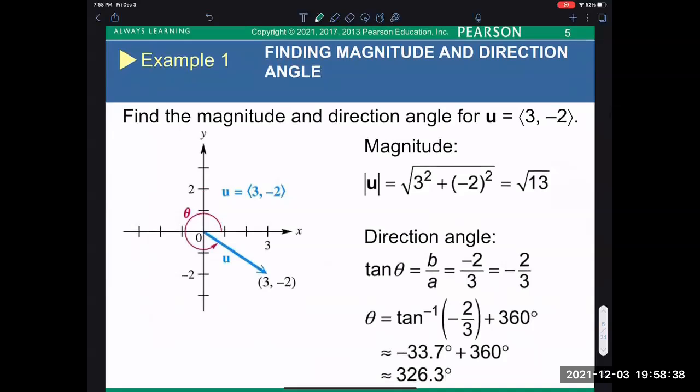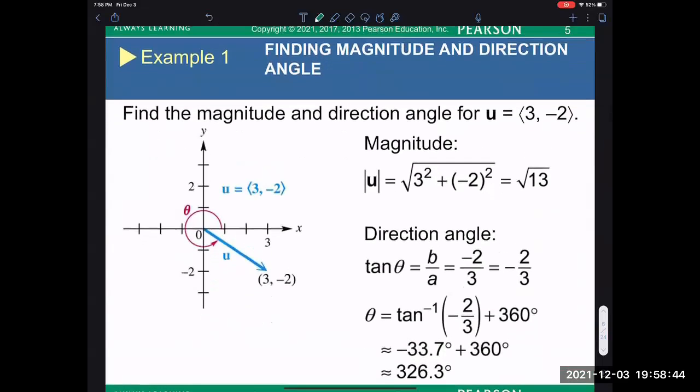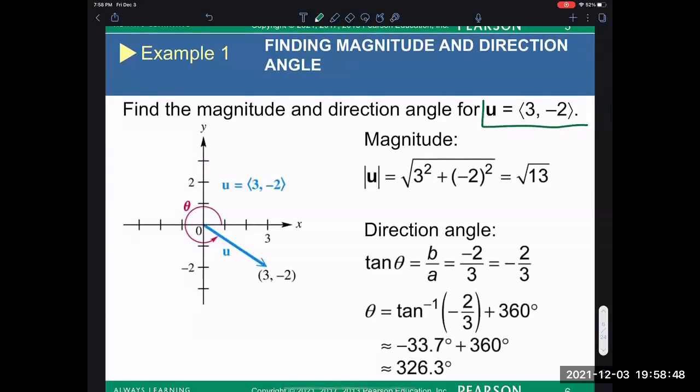So they have this first example of using these two formulas that they just gave us. First of all, they give us this vector u, which in this case is (3, -2). In the picture, you can see the blue vector u finishes at the x value 3 and the y value of -2.